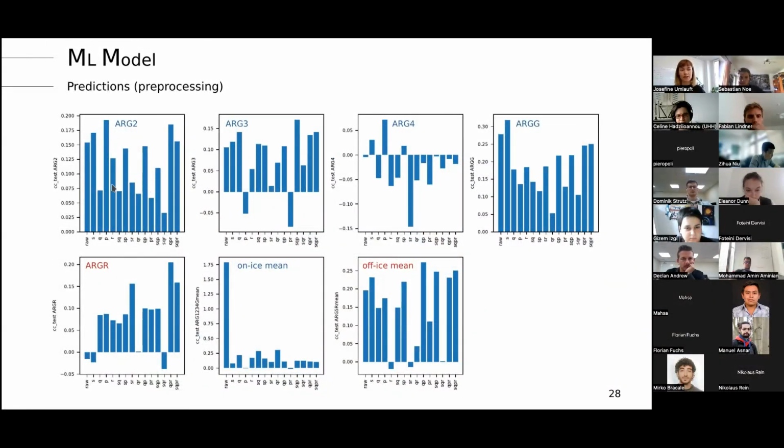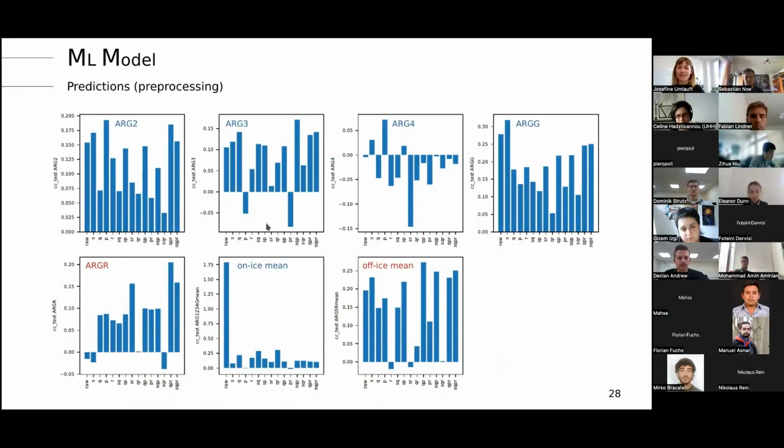So for the testing set, this is how well our model fits the actual data. And if you look at the values, not great. This is something we're trying to deal with right now.